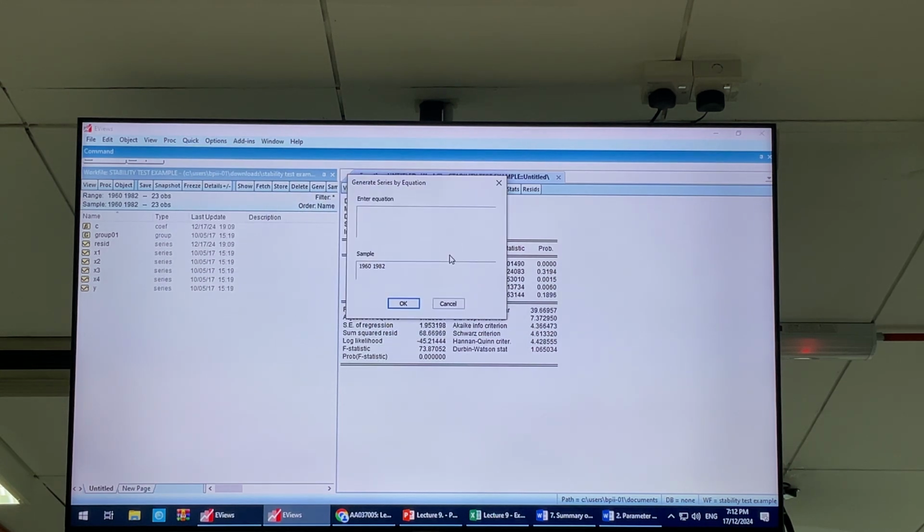Then you can create the dummy variable. Let's say D1 equals, because we have annual data, year greater than 1976. So it will create a dummy variable with the value 1 for the period starting from 1977.